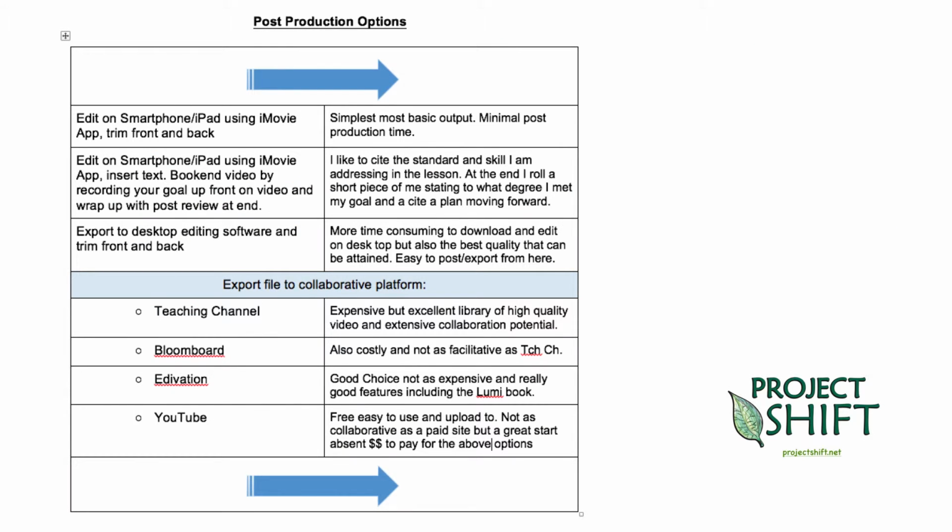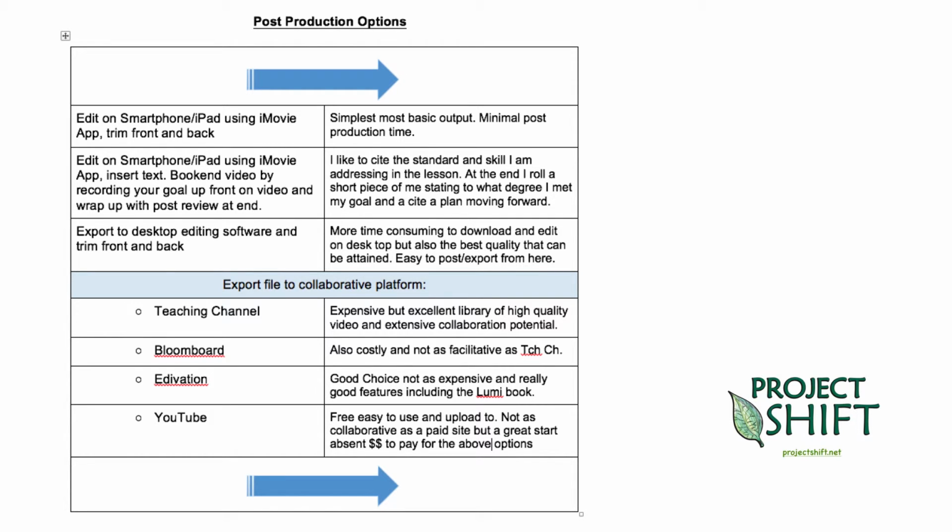I try to think about post-production options before I even start recording. In other words, how am I going to transfer my footage from the device I'm using to a particular collaborative site? And that basically involves some sort of editing on the front and back side of the video clip. That means trimming the beginning and trimming the end, and then exporting that footage somewhere.